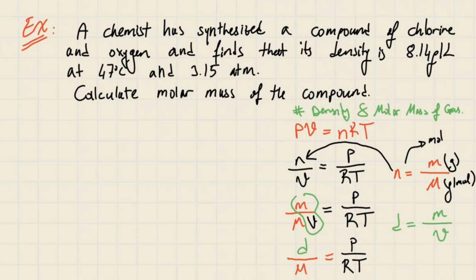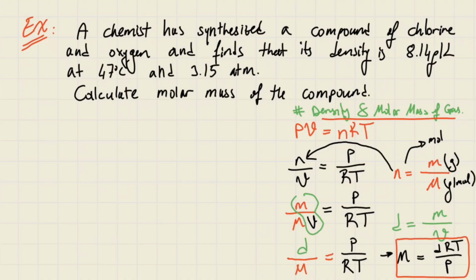And I can take the molar mass here, and molar mass becomes dRT over P. So we could find the relationship between the density and molar mass of a gas molecule. And I have to substitute it. So the question right now is very simple. M is equal to dRT over the pressure.